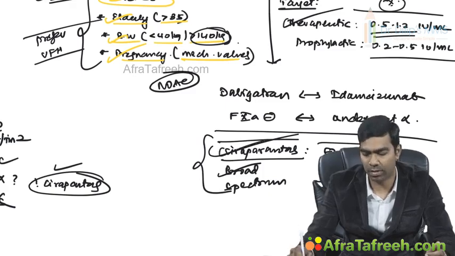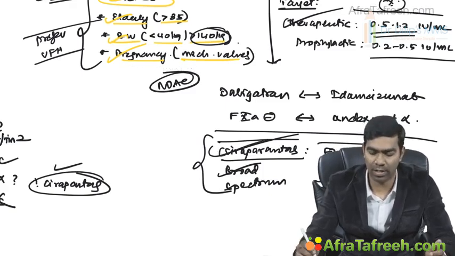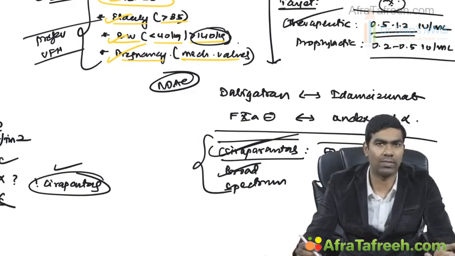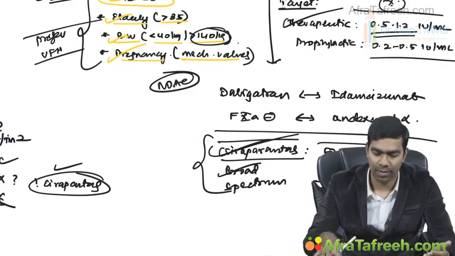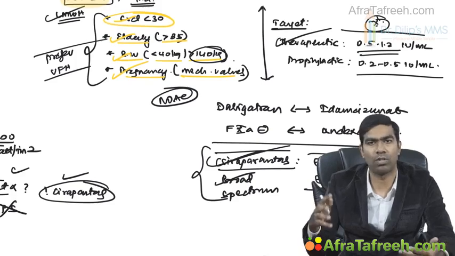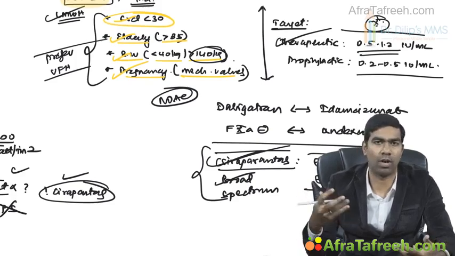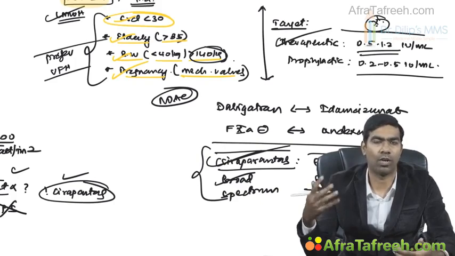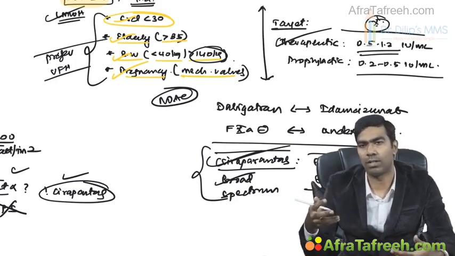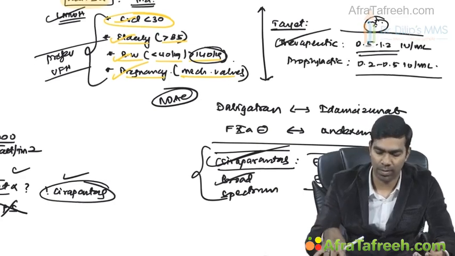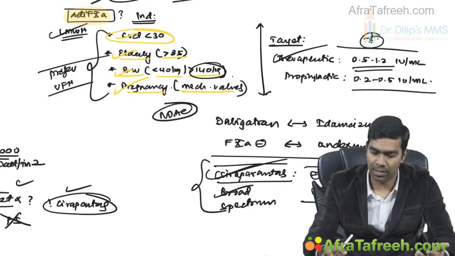So this could be a very broad spectrum antidote available for NOACs as well as for the heparin group as a whole, because they interact with anticoagulants not by the pocket lock and key method, they interact through hydrogen bonds and charge interactions. That's how they work. So clear? These are the things that are very important to understand.